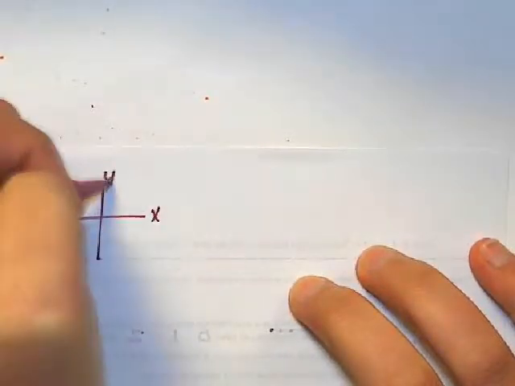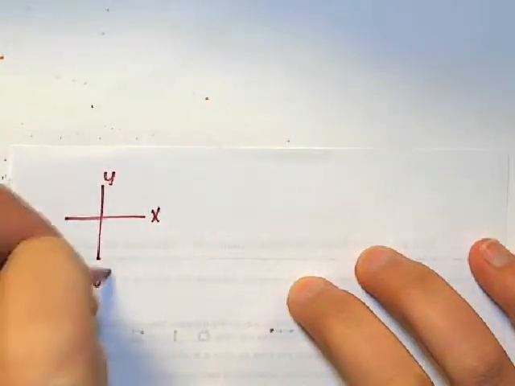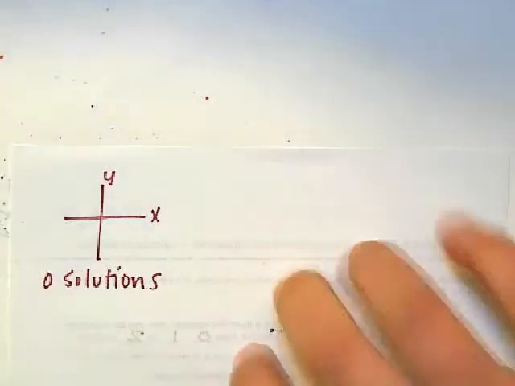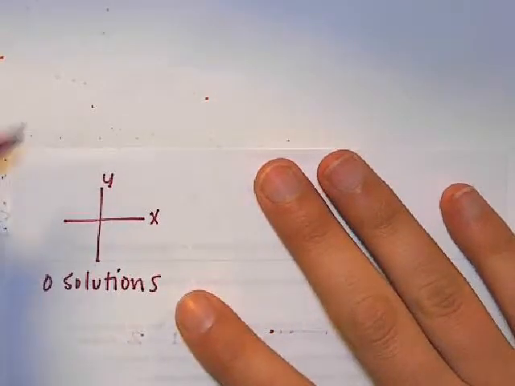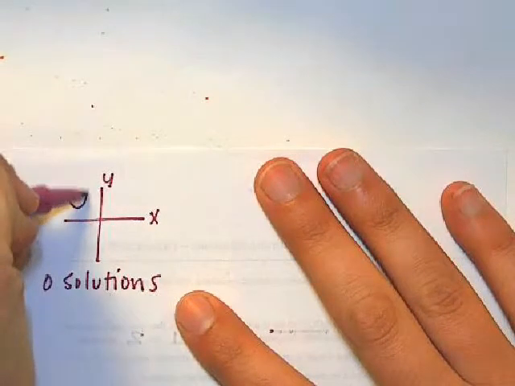So let's talk about what 0 solutions looks like, what 1 solution looks like, and what 2 solutions look like. If I sketched a graph, x and y, and I had 0 solutions, 0 x-intercepts, that means my U shape would look something like this.